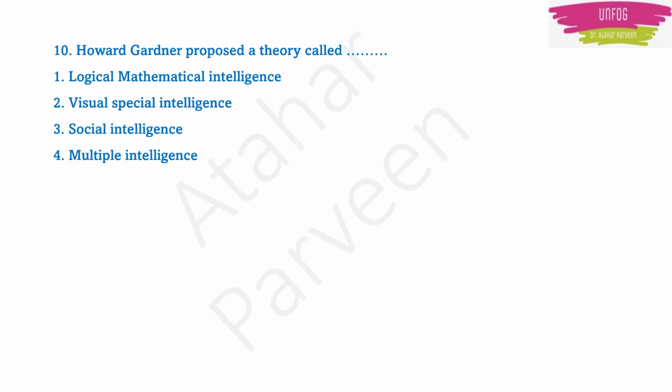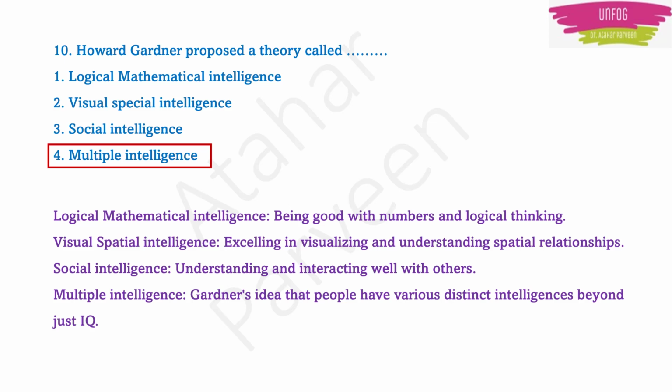Next question. Howard Gardner proposed a theory called... so what was the theory proposed by Howard Gardner? It is multiple intelligence. Logical mathematical intelligence means being good with numbers and logical thinking. Visual spatial intelligence means being good in visualizing and understanding different relationships.